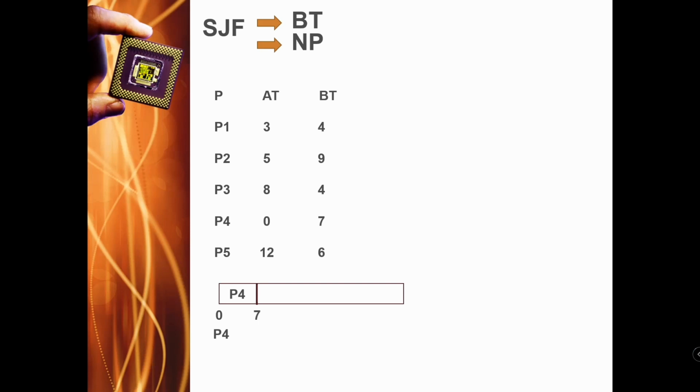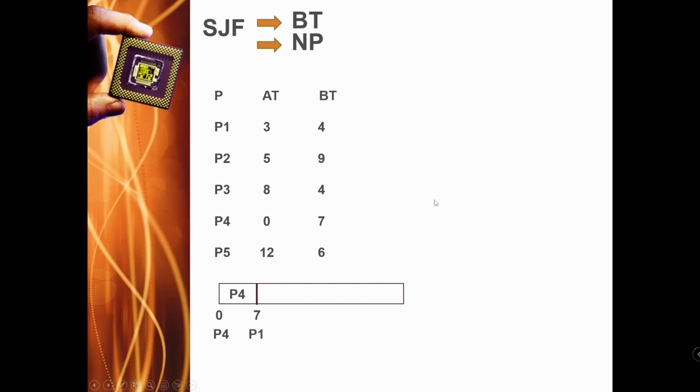Tapos, next, hanapin natin kung ano yung mga pumasok na processes after mag-end time nung process 4. So, we can see here na ang nakasabay niya is yung process 1 and process 2.